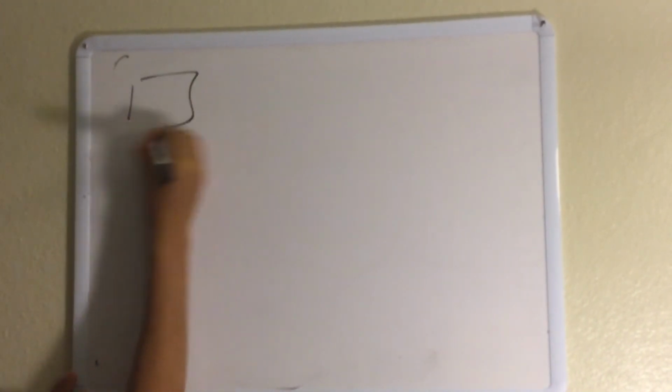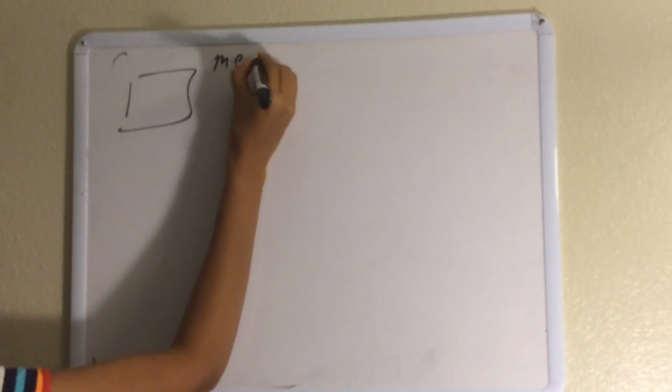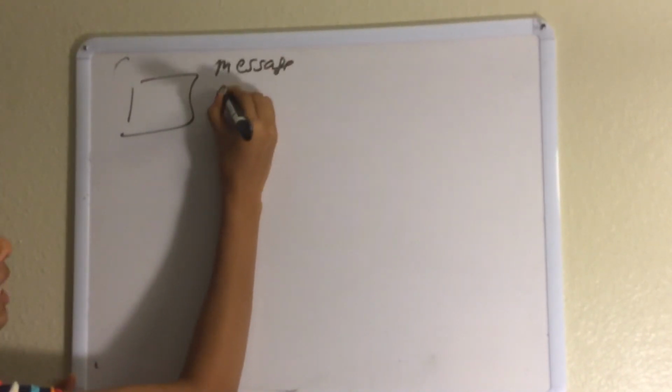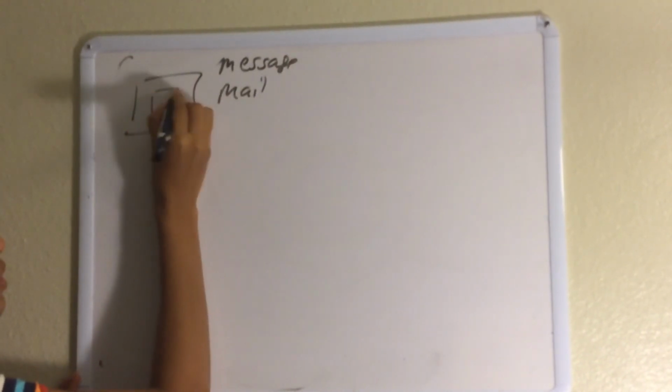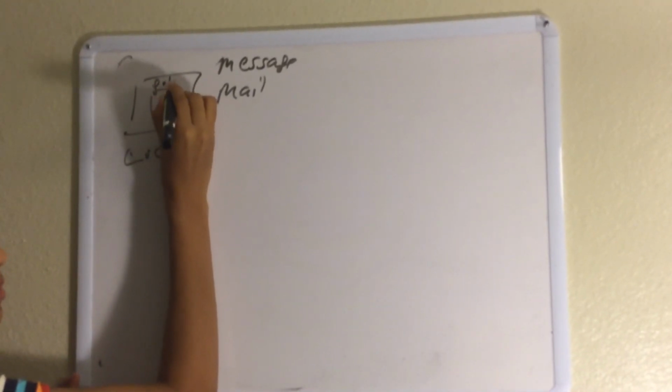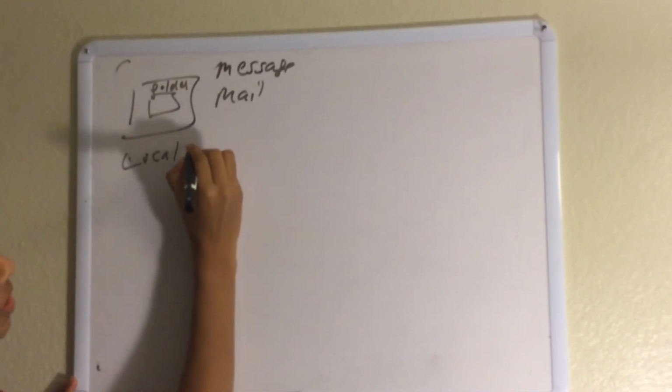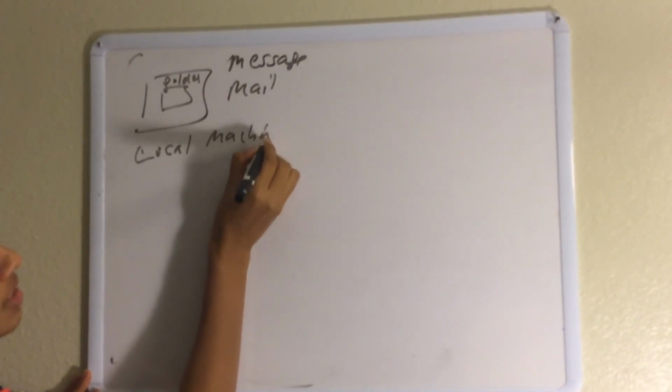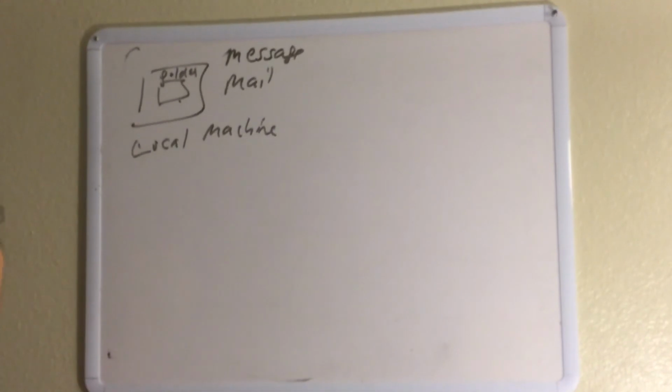Now we will discuss IMAP. The main problem in POP is you have to download the mail onto your local machine into a folder. So you cannot access this mail when you are, suppose, traveling to other places.